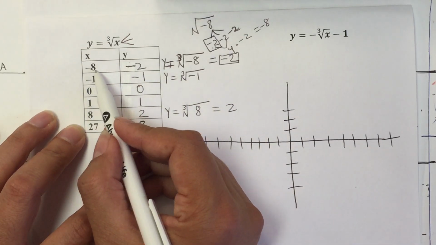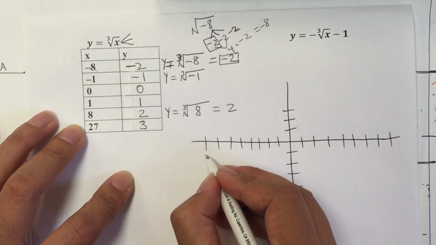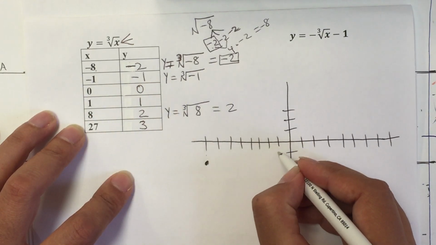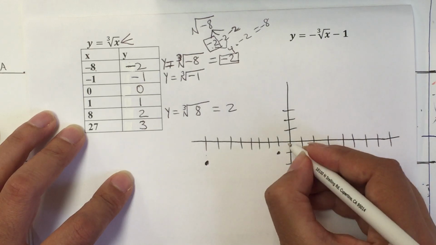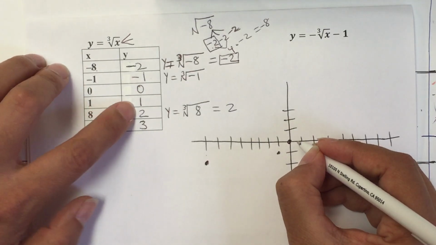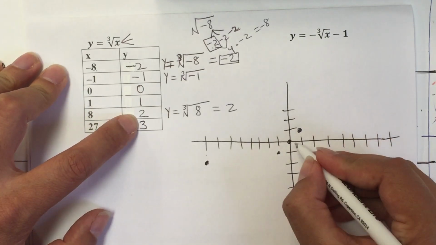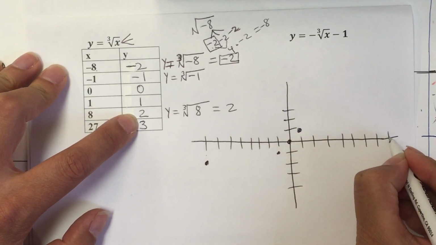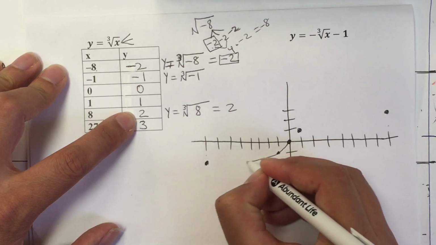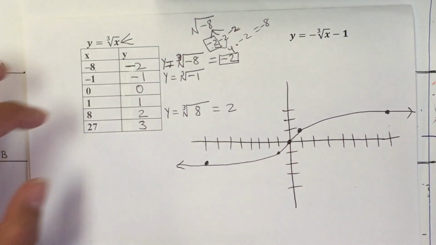Okay, so it says -8, -2, -8, -2. So it's about here. -1, -1, -1, -1. 0, 0, 0, 0, 1, 1, 1, 1, 8, 2, 8, 2. And so my mother graph will look something like this. Okay?